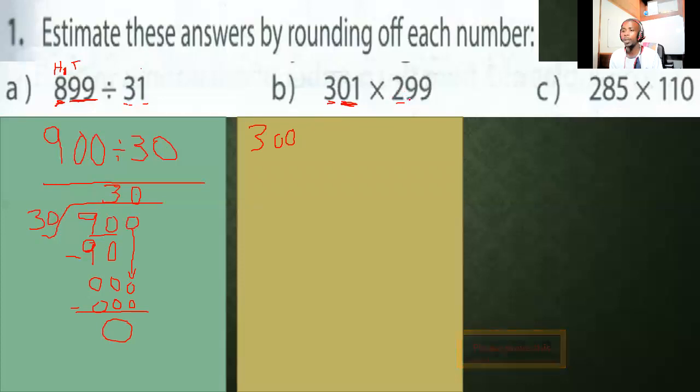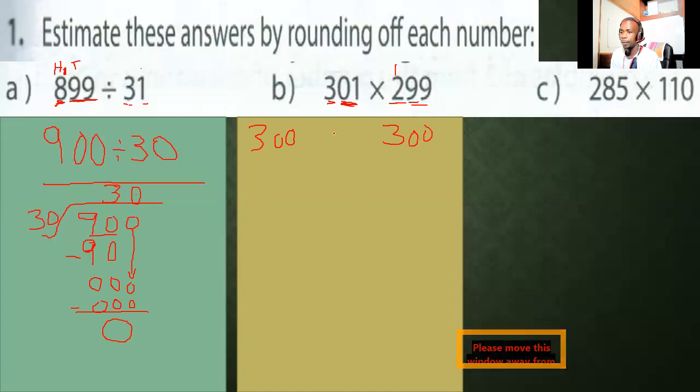And this one also, I'm going to round off to the nearest 100, looking at 2. I look at 9, which is the tens. It's above 5. So we add 1 to the hundreds to become 3. And these ones, they go down to be zeros.